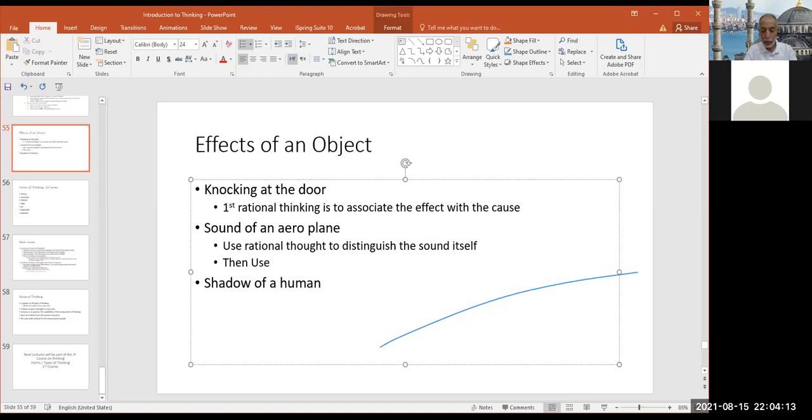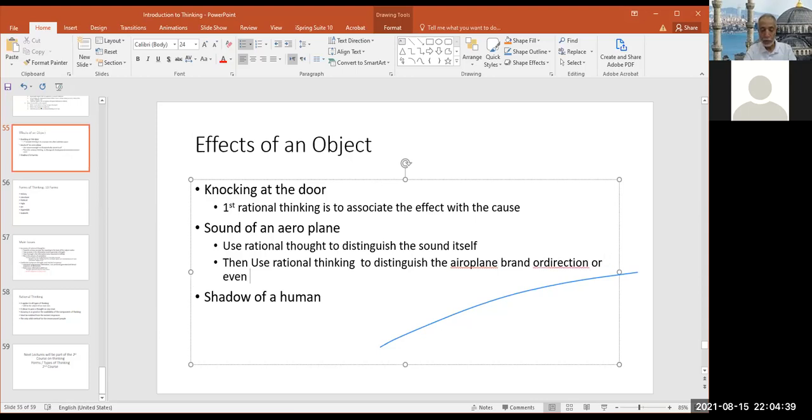Then you can use rational thinking to distinguish the plane or the airplane brand, or direction, or even the risk factor, as I mentioned. So you have multiple rational thinking processes, not only one.